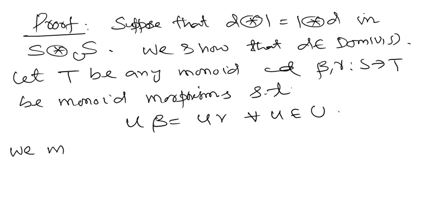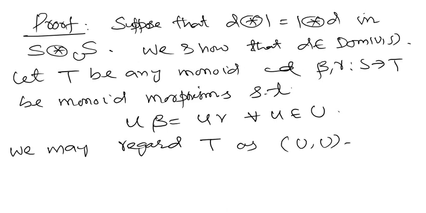We may regard T as a UU bi-system. S is already a UU bi-system. Okay, we may regard T as a UU bi-system.